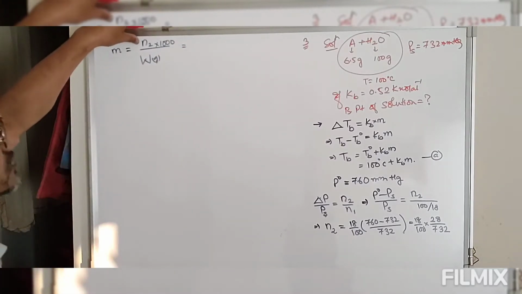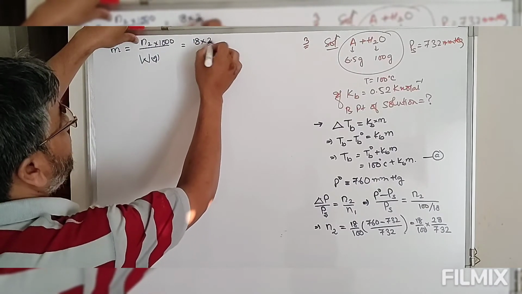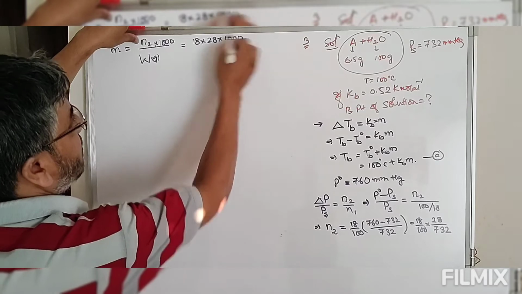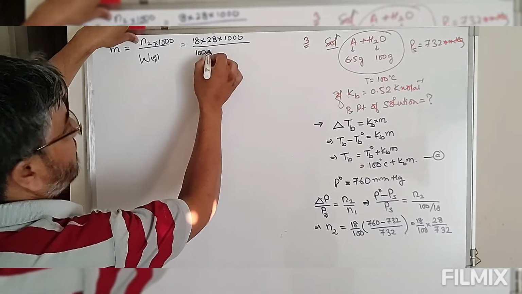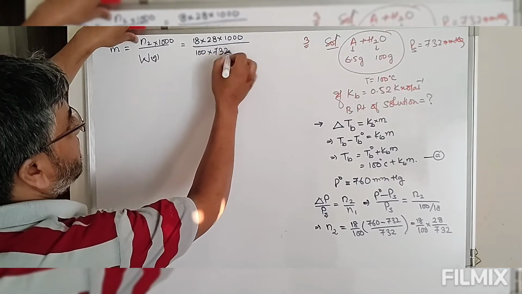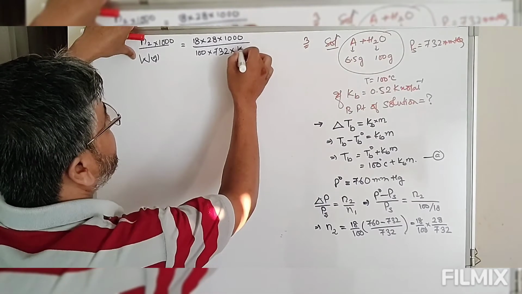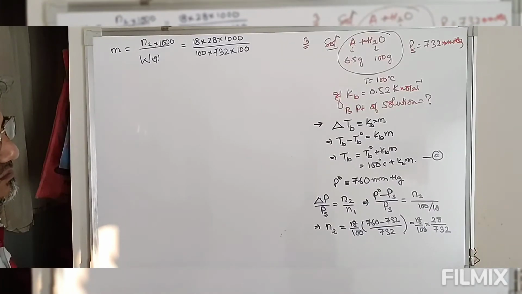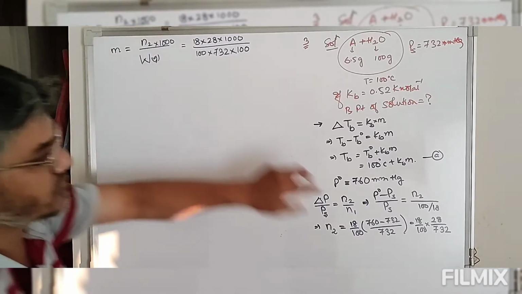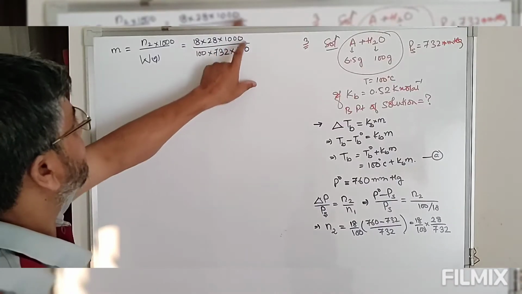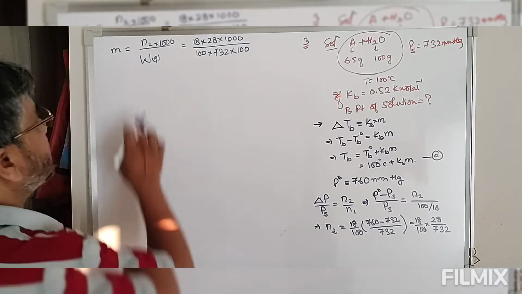So the number of moles of solute is 18 into 28 into 1000 divided by 100 into 732 into the mass of water, which is given as 100. So this is the number of moles of solute into 1000 divided by the mass of solvent taken in gram unit. So now this is the molality.